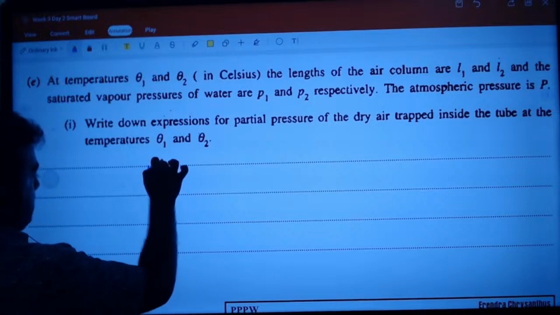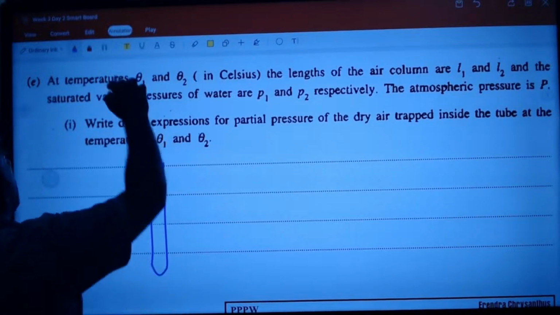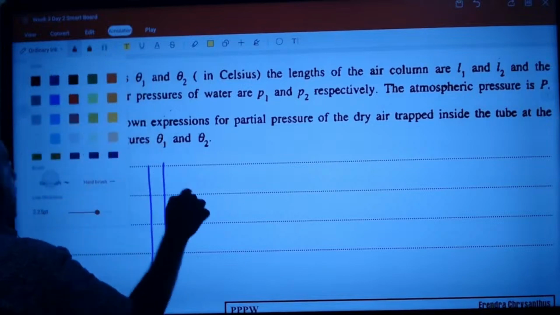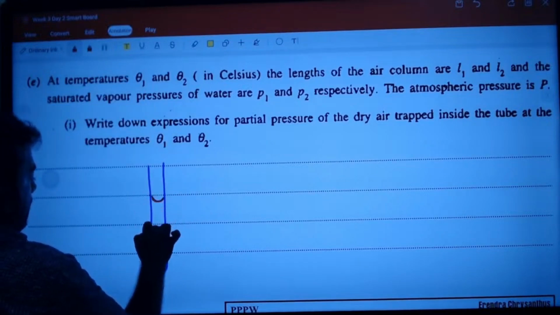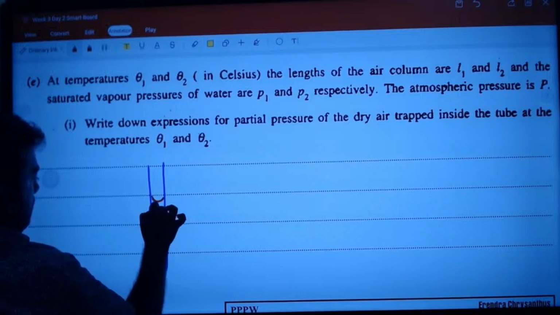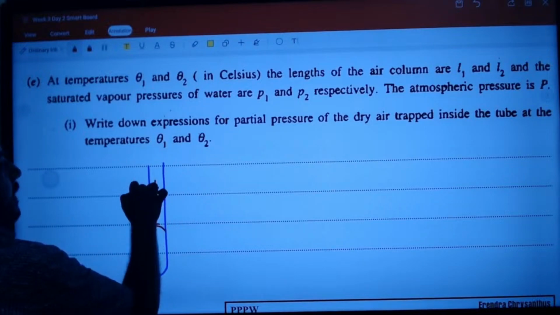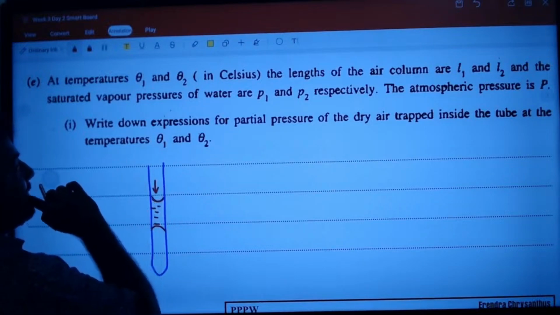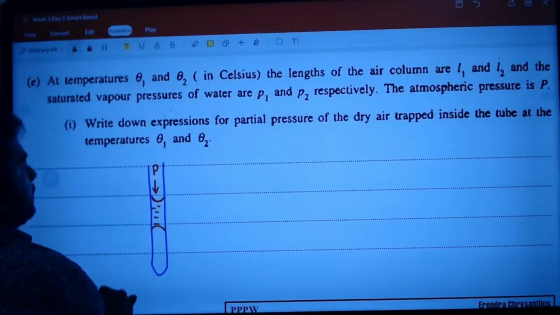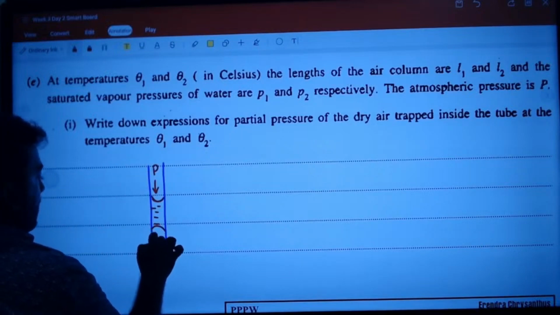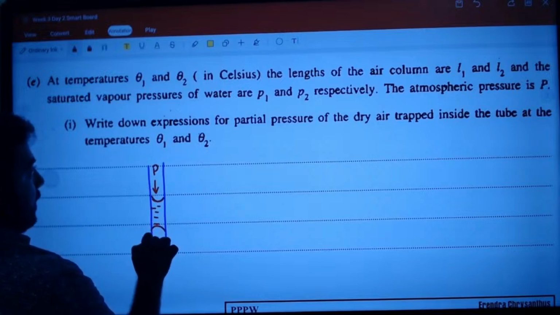So looking at this very carefully, look at the tube. Water thread is here. I'll mark that in red color, maybe. So here you have atmospheric pressure, capital P. Here there will be a mixture of water vapor and dry air.